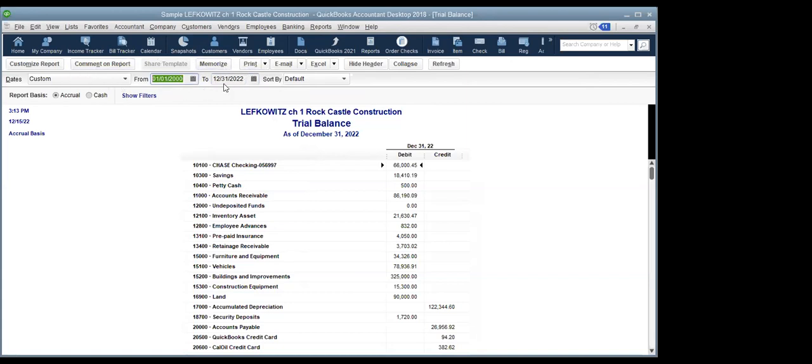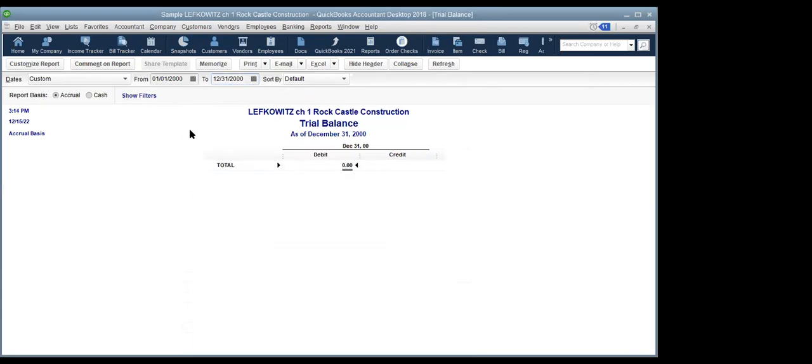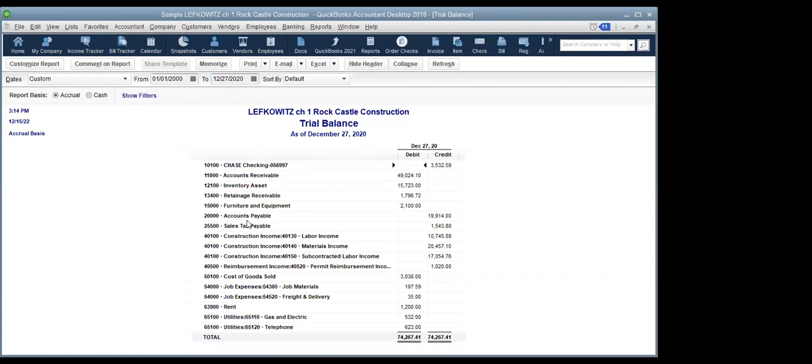This is the correct date, 12/31/2022. If I would say 2020 or 2000 here, that could be wrong, I'll have nothing because they were not in business. So you need to know what year they opened up. I think they did 2020, okay, let's see. Yeah, 2020, they did open up. There's even a few little expenses.